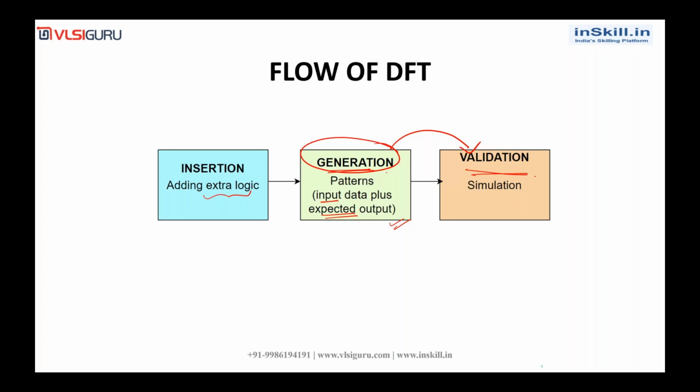Why do we need to check, when the patterns are generated by the tool itself? That is the need for simulation, which we will discuss in detail during our course syllabus. So we will be validating the generated patterns by doing simulations.